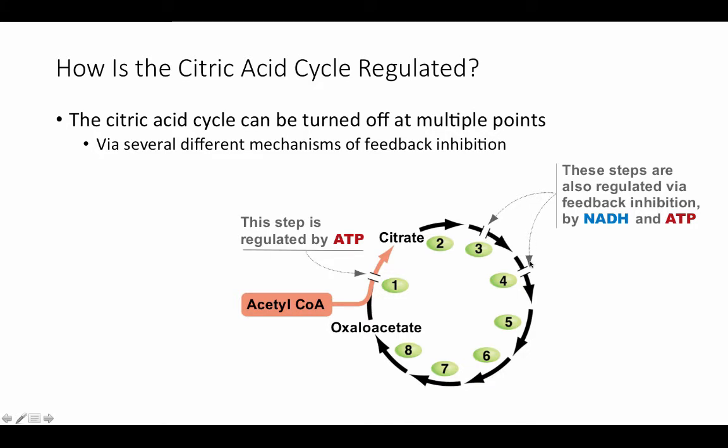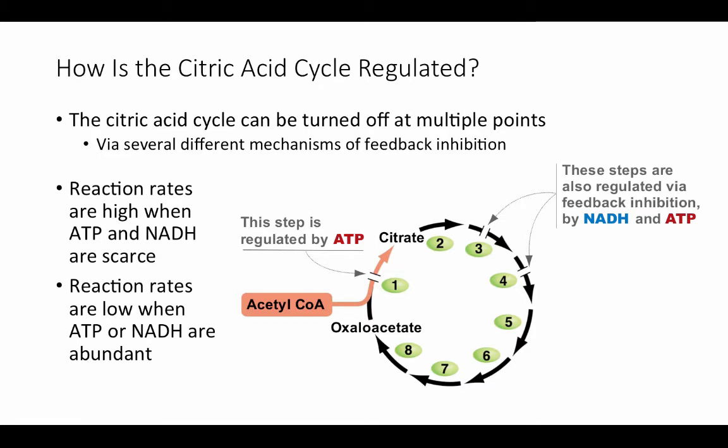So if we get an excess of either of those molecules, they're going to regulate the enzymes at steps 3 and 4 to slow down or stop this process. And then also the first step in the cycle is regulated by ATP. So if ATP is abundant, it can stop it just at the point of acetyl-CoA joining the citric acid cycle to shut the whole thing down.